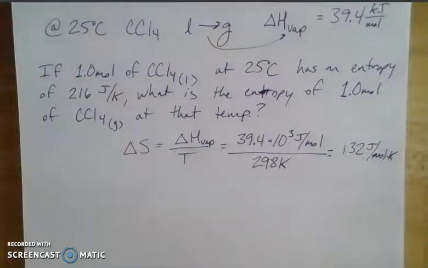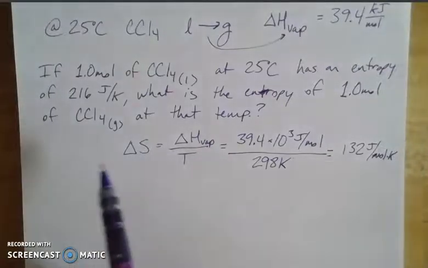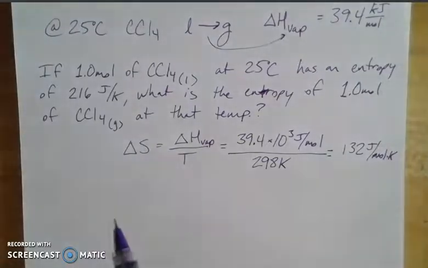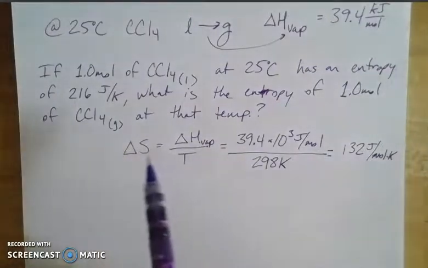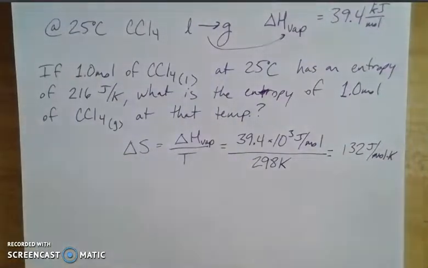So that is interesting information, but it doesn't answer the question, right? The question is, what is the entropy of that carbon tetrachloride at that temperature? So this gives me the change. This is how different the gaseous phase would be from the liquid phase, but it doesn't give me my actual number. If I was to say it's 132, then that wouldn't make a lot of sense, right?